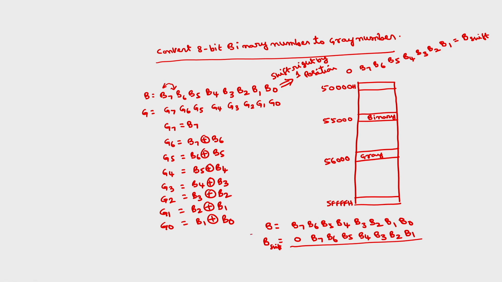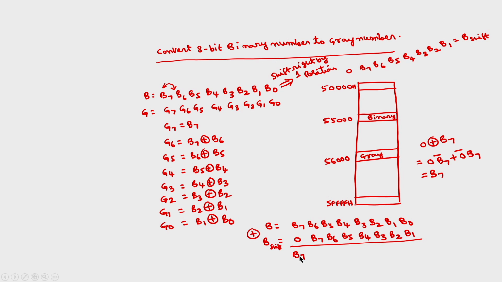If I perform the exclusive OR operation between B and the 1 bit shifted version of B, what will be the result? 0 exclusive OR B7 is B7 itself, because it is nothing but 0 into B7 bar plus 0 bar into B7, which is equal to B7 itself.